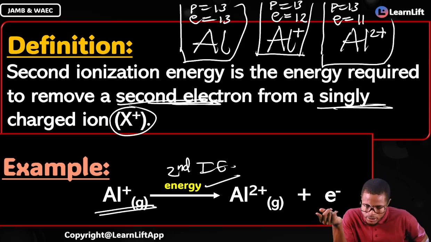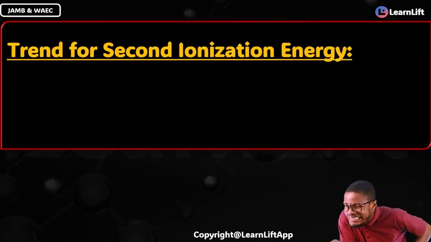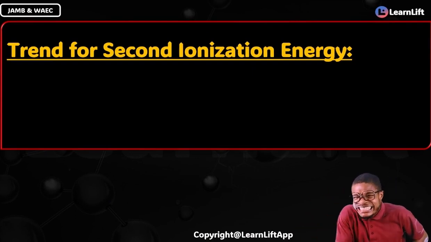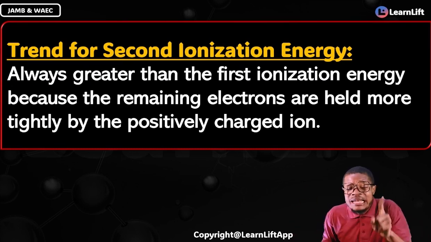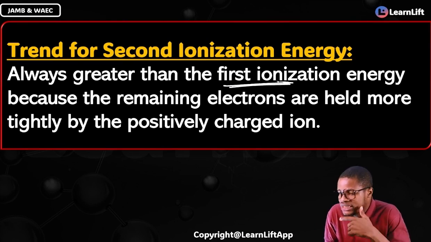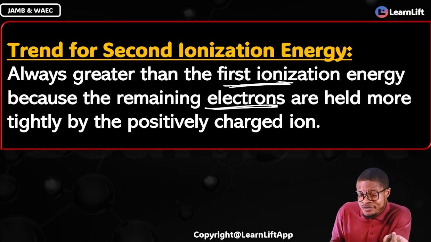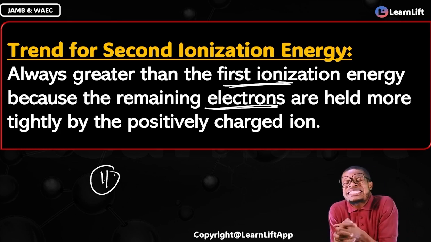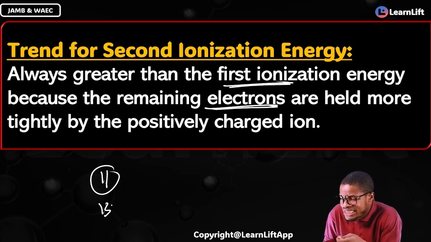Now, the question I'm going to ask you is this: what is the trend of your second ionization energy? You must not forget this. The second ionization energy will always be greater than your first ionization energy. Why? Because the remaining 11 electrons are held more tightly by the 13 positively charged protons.